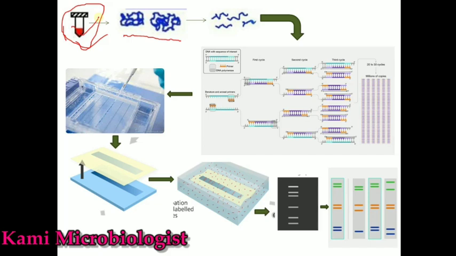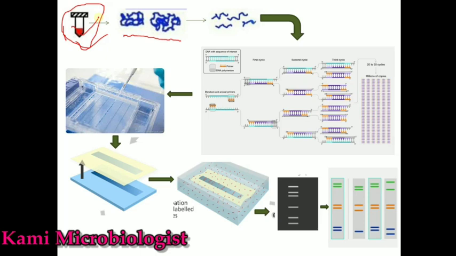We do not need the supernatant because it contains all the debris, but the pellet contains the DNA. So we discard the supernatant and resuspend the pellet in a buffer solution. Once we resuspend it, we leave it.